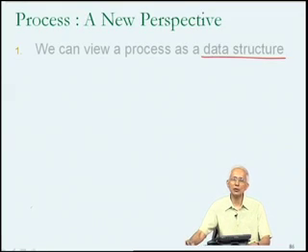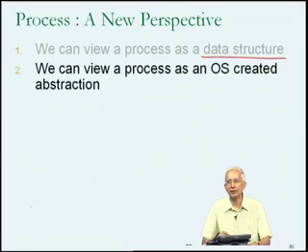But if we choose not to take that implementation perspective of the process, then what we're left with is that we could view the process as an operating system created abstraction. It's something which we need not even know how it's implemented, just as with the perspective of the stack as a stack of books on a table, where we didn't worry about the fact that memory had to be allocated for it or that there had to be a stack pointer.